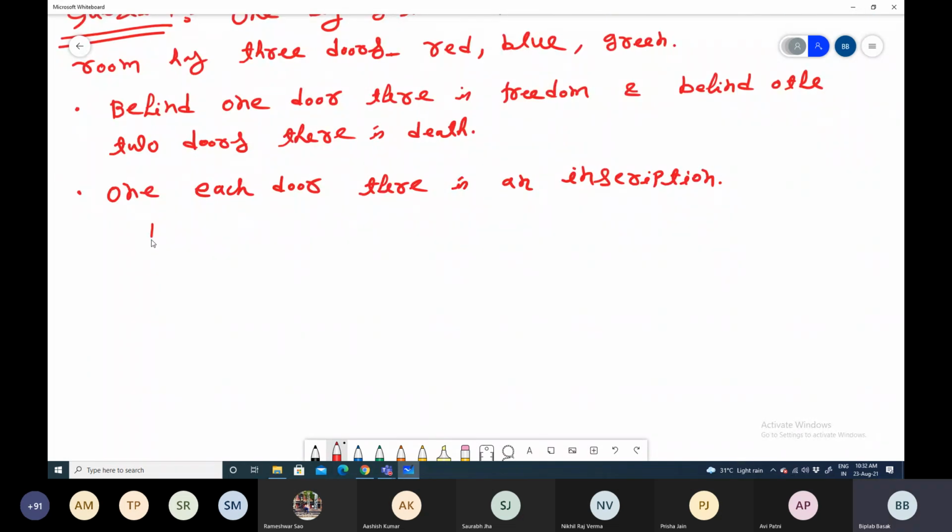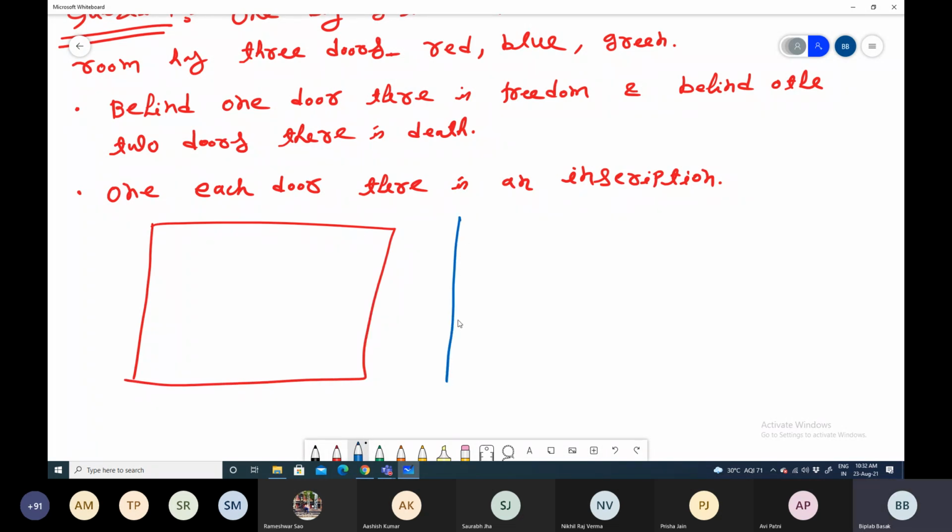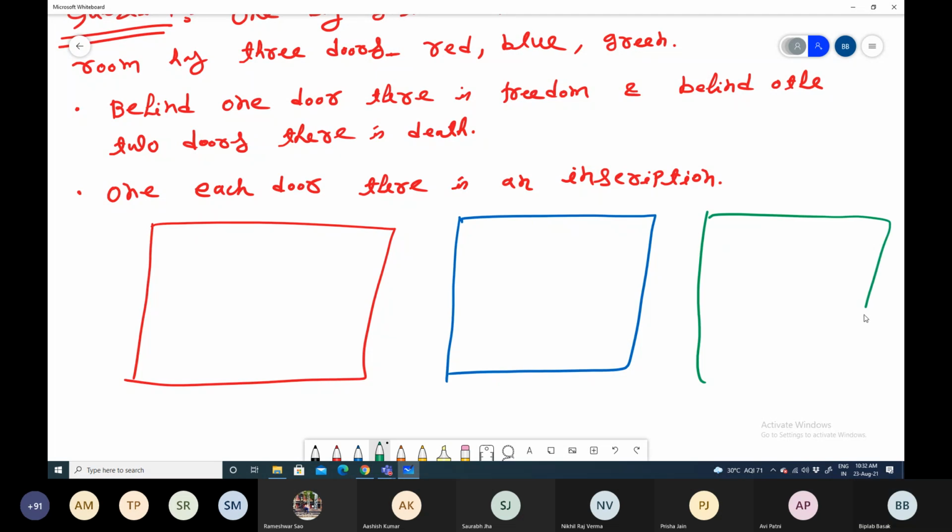So for an example, so this is a red door. So this is blue door. And this is green door. Okay. Now in the red door, it is written that freedom is behind this door.